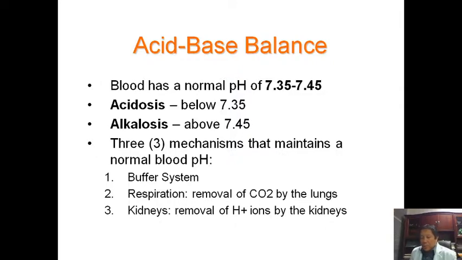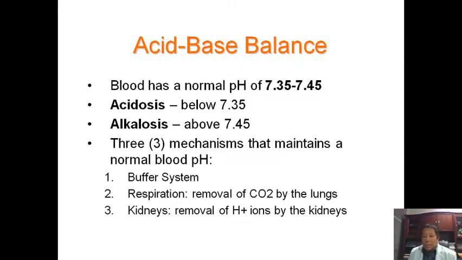Aside from being a volatile acid, carbon dioxide is a potent cerebral vasodilator. So if we retain carbon dioxide in our lungs, then it can lead to what we call respiratory acidosis.